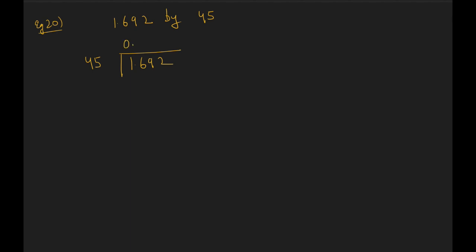So 0 point. Now we take these two numbers, 16. So 16 is still smaller than 45, so we put one more 0 here. So now this is 169. So 3s are, we get 135. So this will be 34, 42.